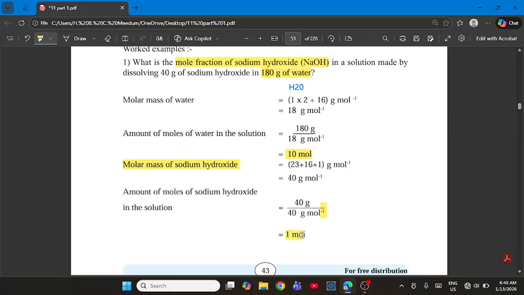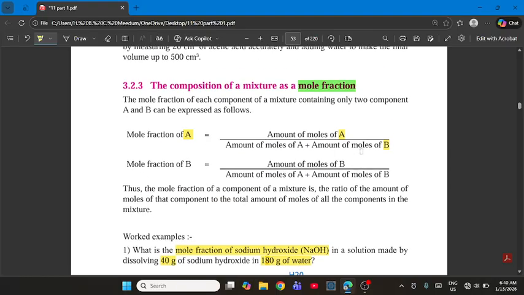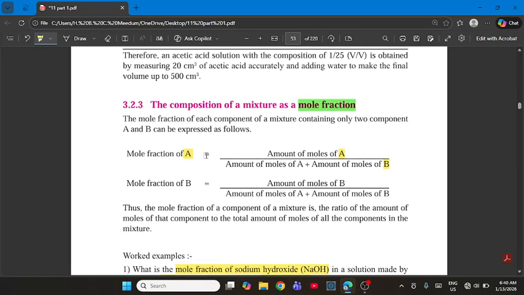So the number of moles of sodium hydroxide for the given mass is 1. Here 10, here 1. Here it's mole fraction of sodium hydroxide. It's 1, and here also it's 1. So here 10.